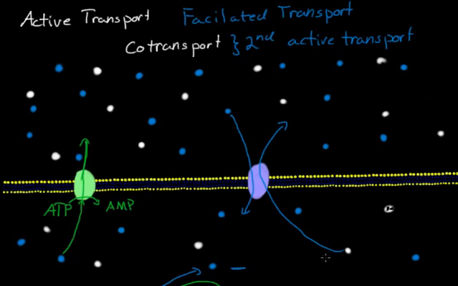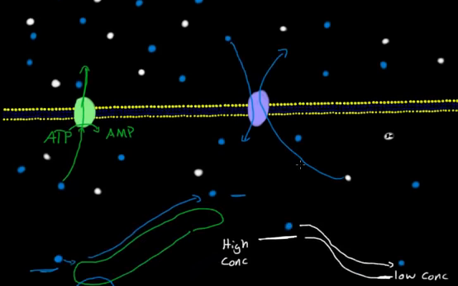it will actually, in an antiport, the only way this blue molecule can get across is down, is if a white molecule will come up.